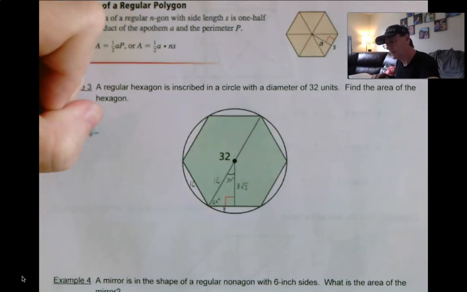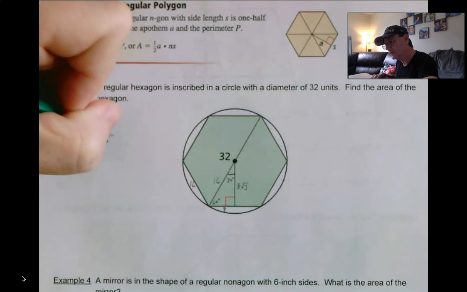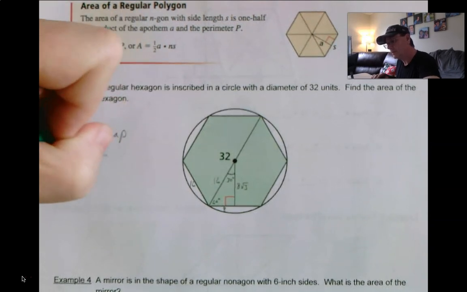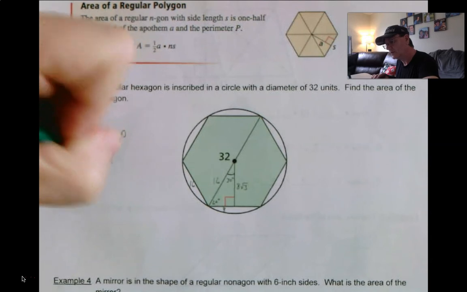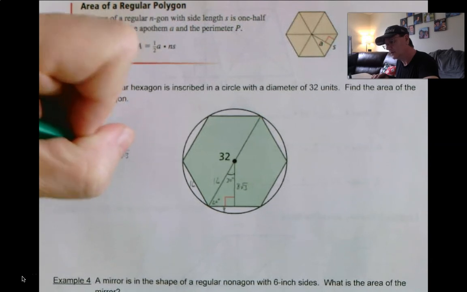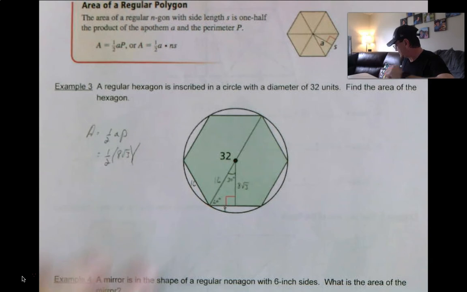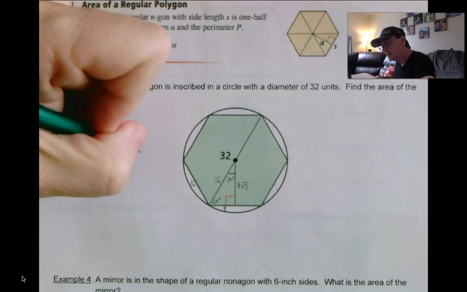Area equals 1/2 AP, 1/2 8 square root 3 times 16 times 6. 16 times 6, 96.